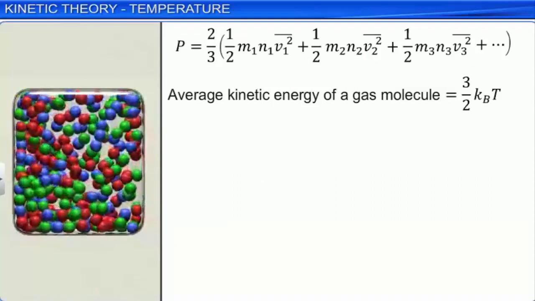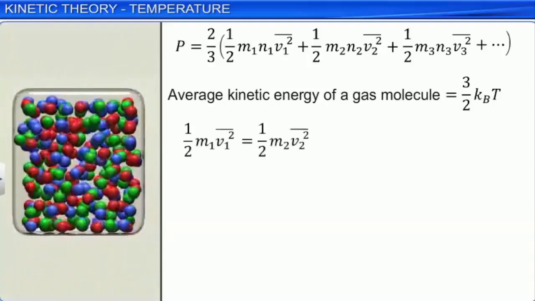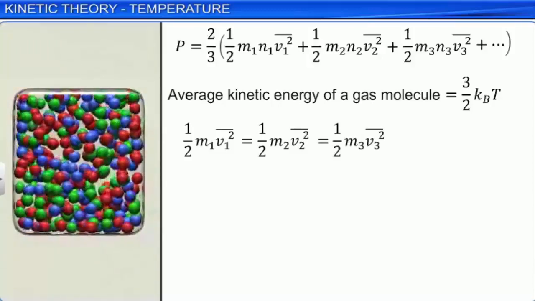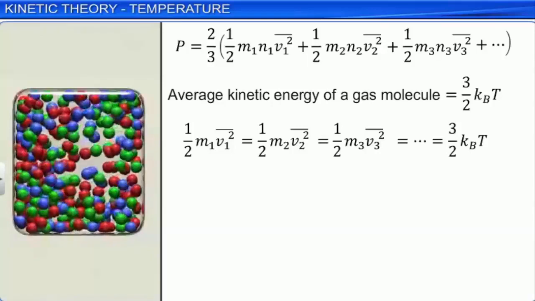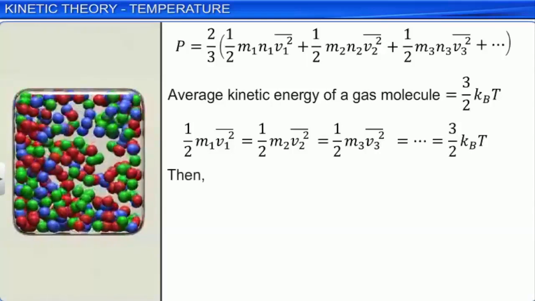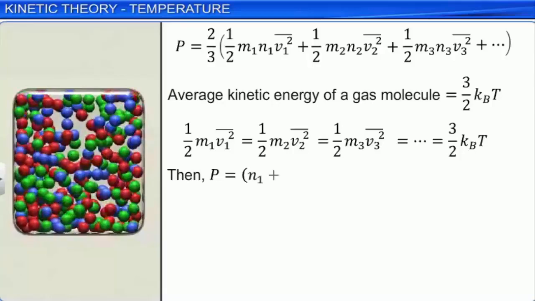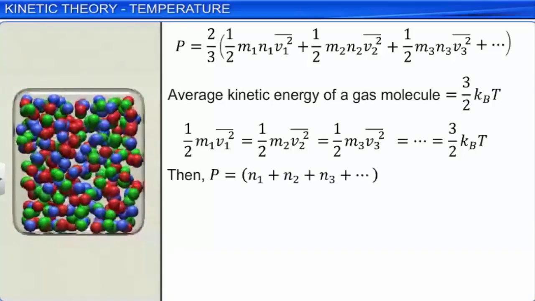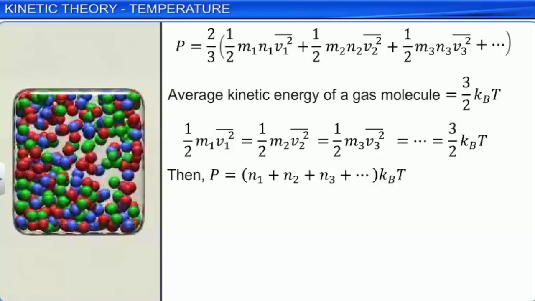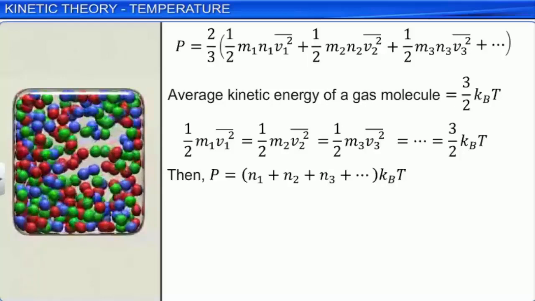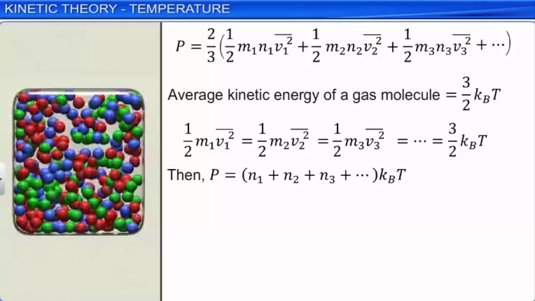That is, half m1 v1 square bar is equal to half m2 v2 square bar is equal to half m3 v3 square bar and so on is equal to 3 by 2 k_B T. On substituting these values in the equation for pressure, we get the total pressure P is equal to N1 plus N2 plus N3 and so on multiplied by k_B T. In this equation, each term represents the pressure exerted by the gas, and on the whole, the total pressure is equal to the sum of individual pressures. This is nothing but Dalton's law of partial pressures.